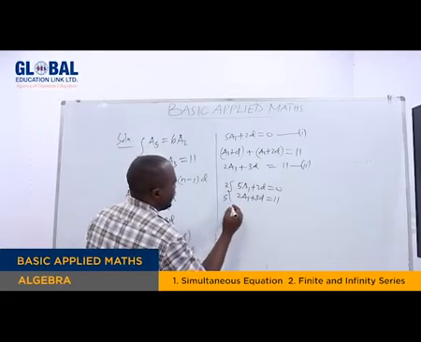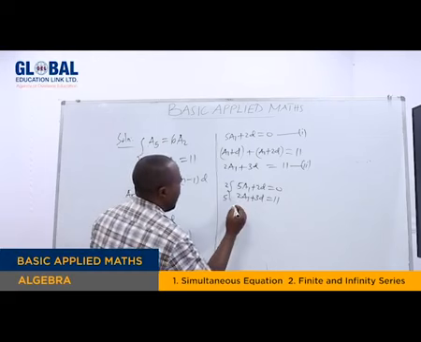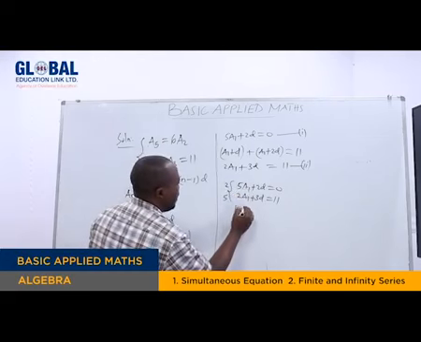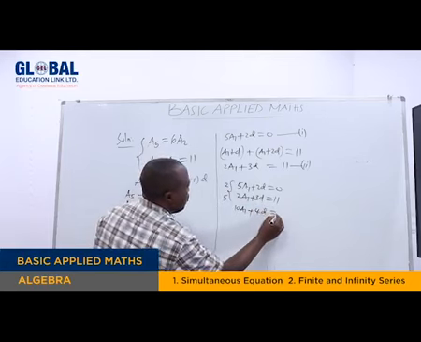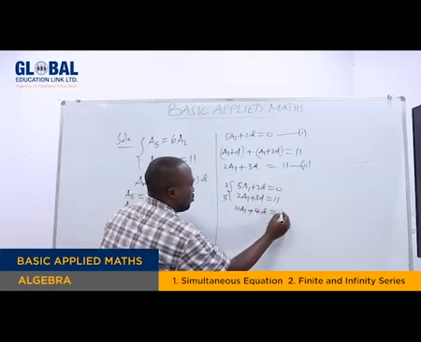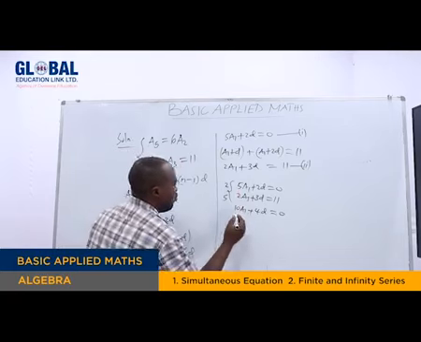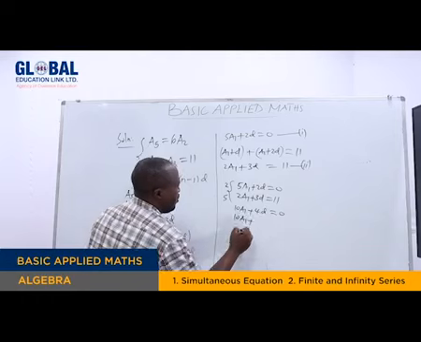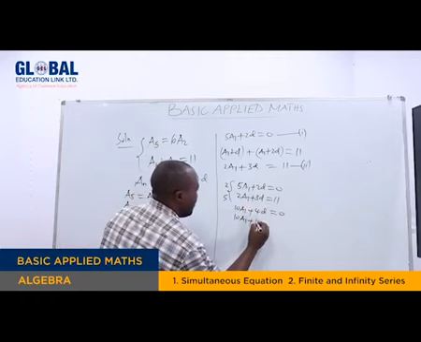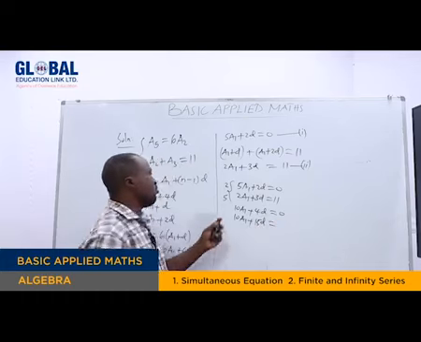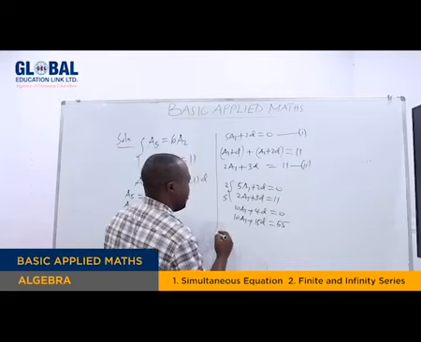So on multiplication, we are going to have 2 times 5, we have 10a1 plus 2 times 2, that is 4d, which is equal to 0. 2 times 0 is 0. And again, we have 5 times 2, that is 10a1, plus 5 times 3d, that is 15d, which is equal to 5 times 11, we have 55.